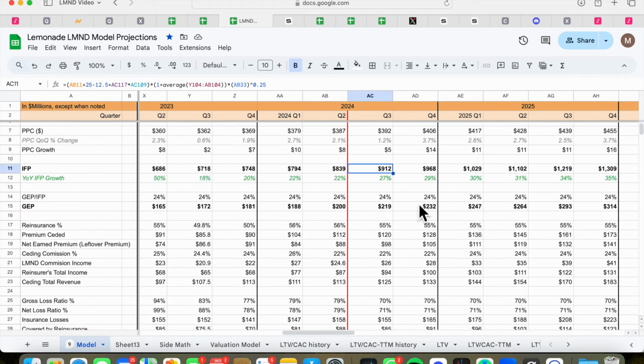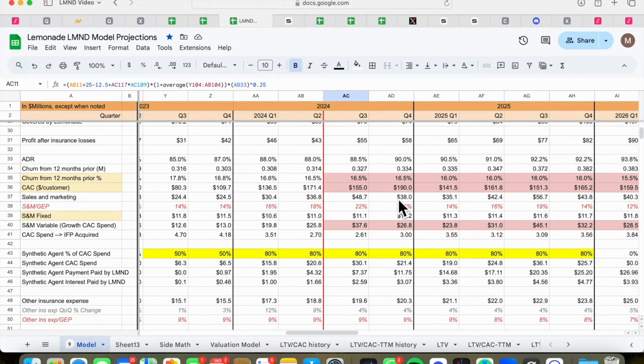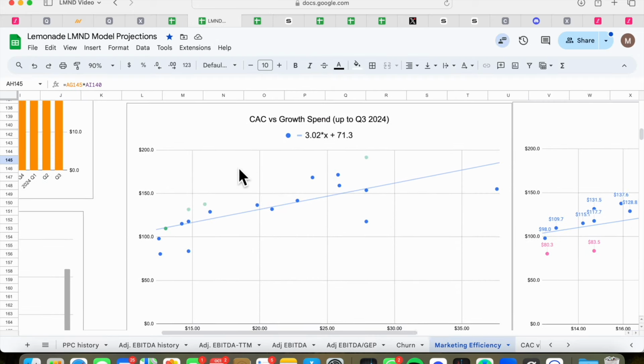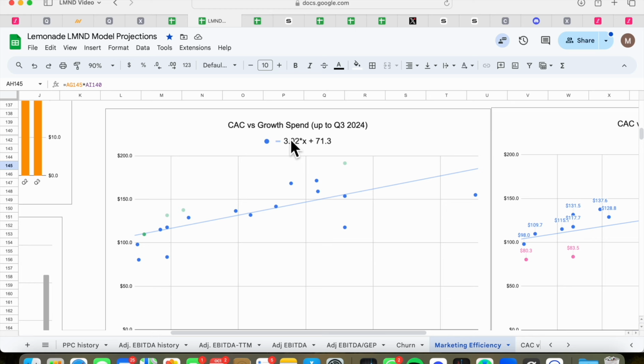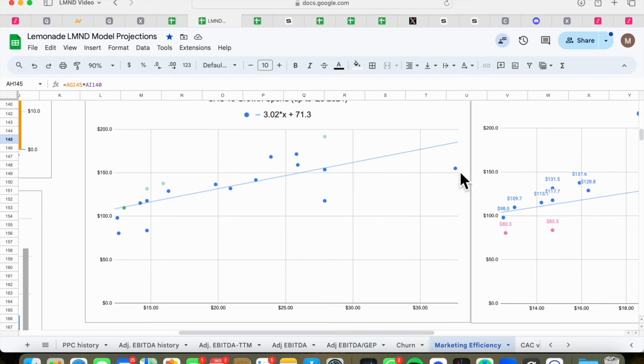My customer acquisition cost in Q4, I have right now at 190. I have that graphed out here as well. So this was CAC versus growth spend. This includes this hypothetical, upcoming quarter, Q3 2024, with this data point right there where they spent a ton and had so much customer acquisition cost.